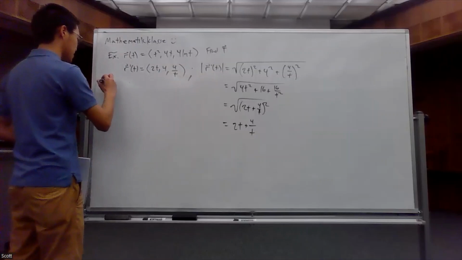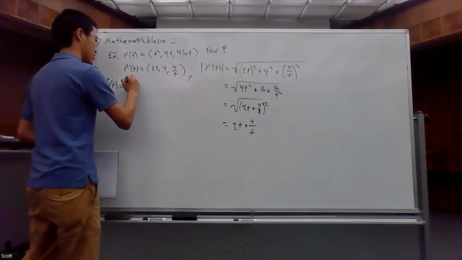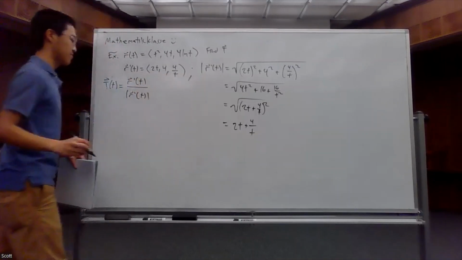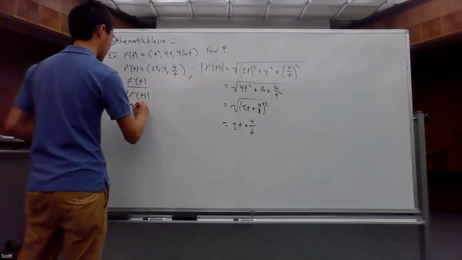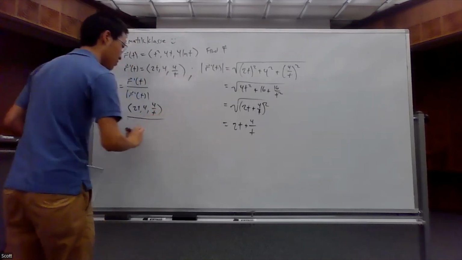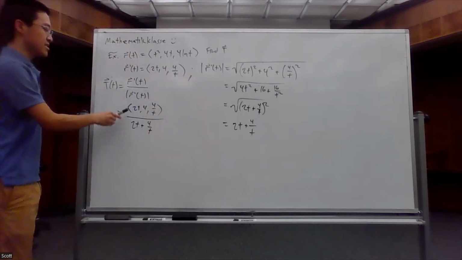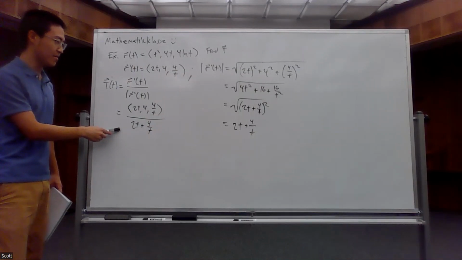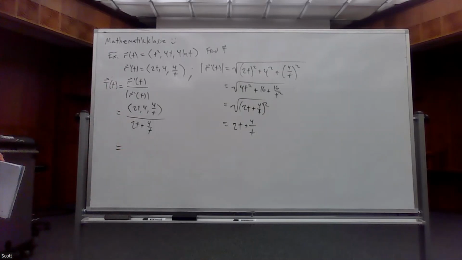And now that we have the pieces, we can just invoke the definition. That's going to be r prime over the magnitude of r prime to make it unit. And in doing so, we can place our tangent vector, 2t, 4, 4 over t, over 2t plus 4 over t. This is a technically correct answer. I personally think this is just horrible to look at because of the fractions, but I won't waste your time with algebra that you're supposed to already know.